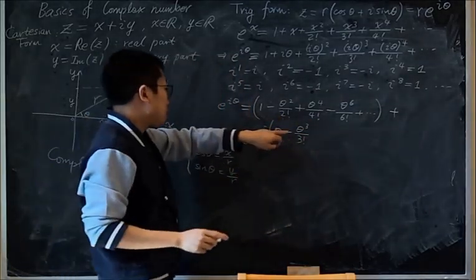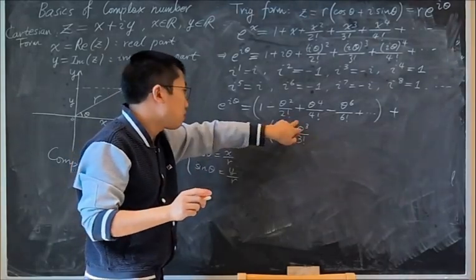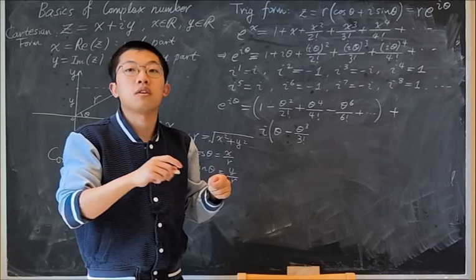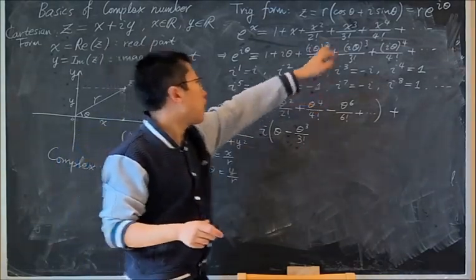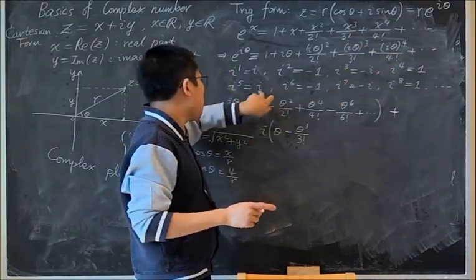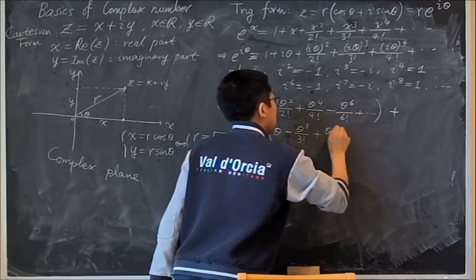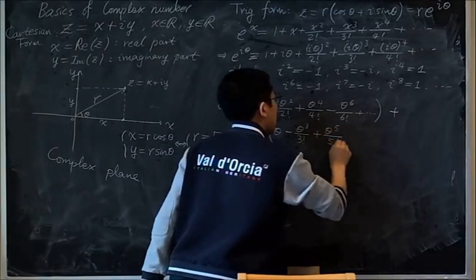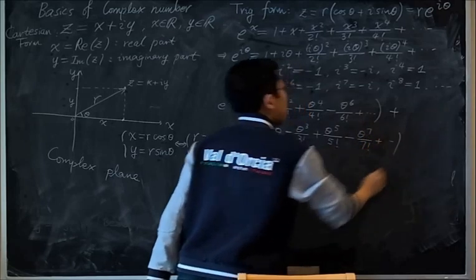So negative i is i to the 3, so i to the 3 times theta to the 3, that's (i theta) to the 3 divided by factorial 3. And for the 5th order term, i to the 5 times theta to the 5, i to the 5 is i, and we already have an i outside the whole bracket, so this term is just theta to the 5 divided by factorial 5. And then we can imagine theta to the 7 and keep going.